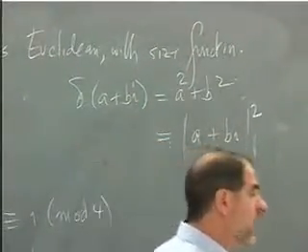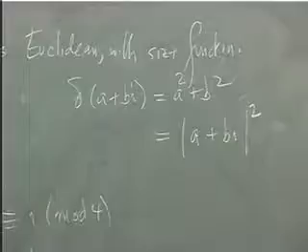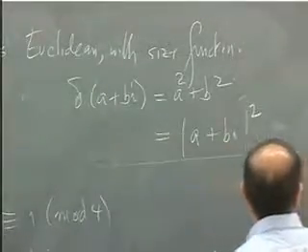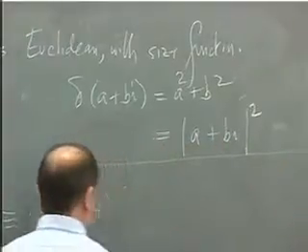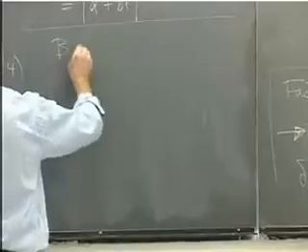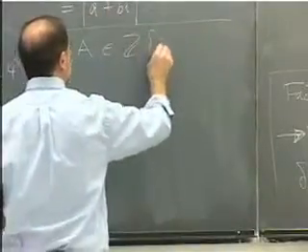So let's start with two Gaussian integers and try to divide one into the other. Okay? If I have b and a, well, I've already used b and a. Let's call the Gaussian integers capital B and capital A so we don't confuse them with those two a and b in Z[i].